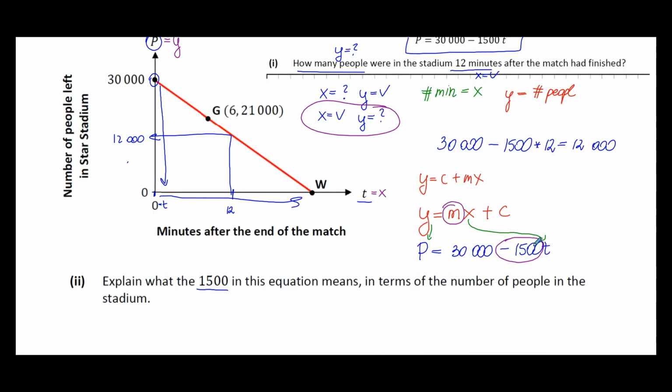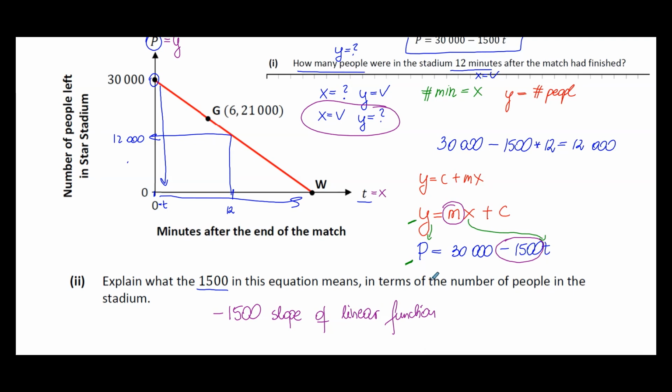So really what that means is that minus 1,500 is the slope of this linear function. Now, just to draw your attention to it, this is knowledge that you need to know. But that is true only and only if there is no number beside y. In this case, it's true, there is no number beside P. So yes, the number that stands beside x is the slope.